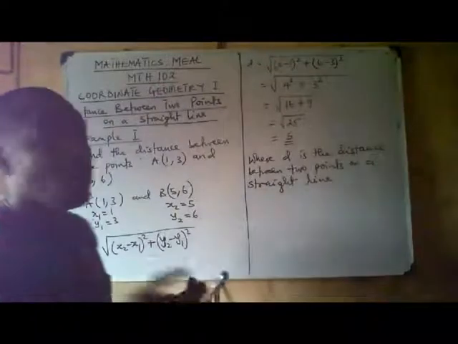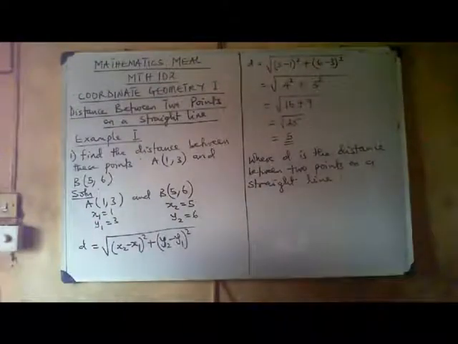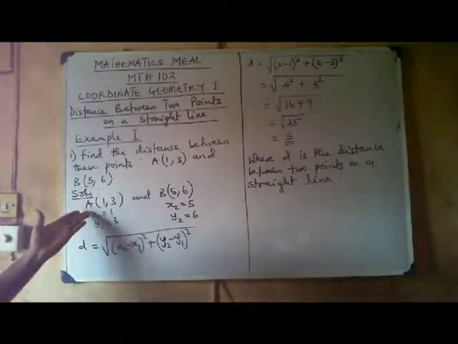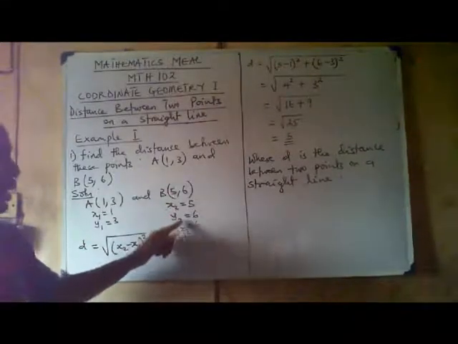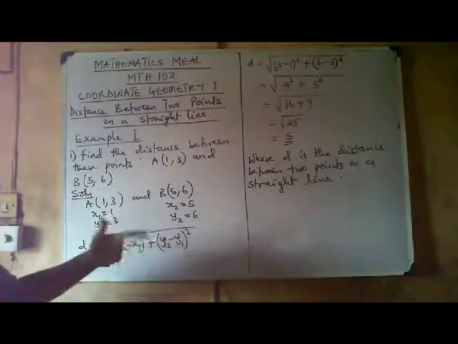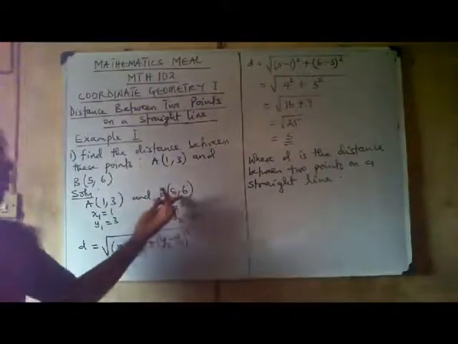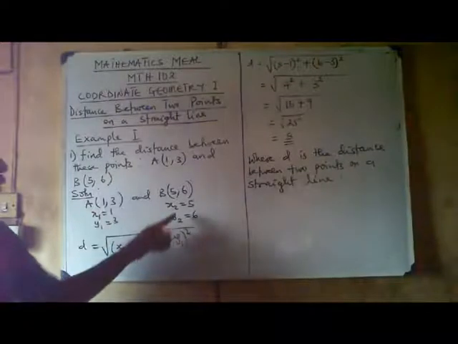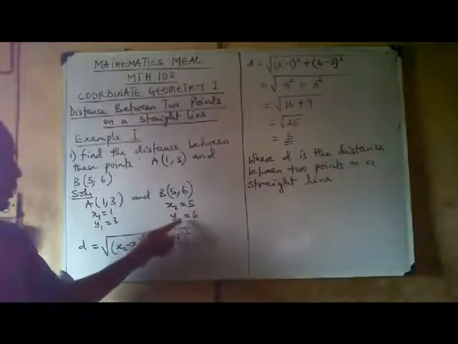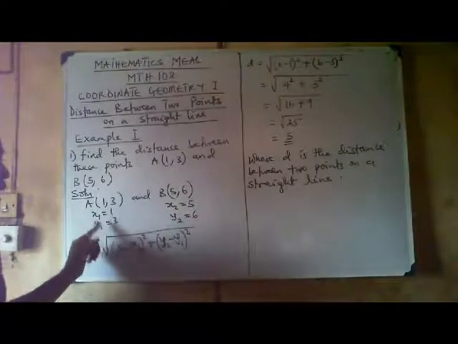Now, one other important statement I have to make. I just chose A to be my first point and B my second point. That's why they have the subscripts 1 and 2. It's still possible I can say, let this point be my first point and this be my second point. So this one will now have the subscript 1, 1, and this one will have 2, 2.